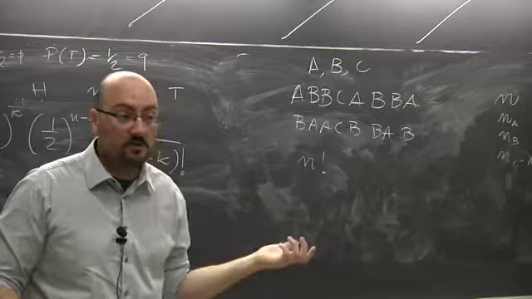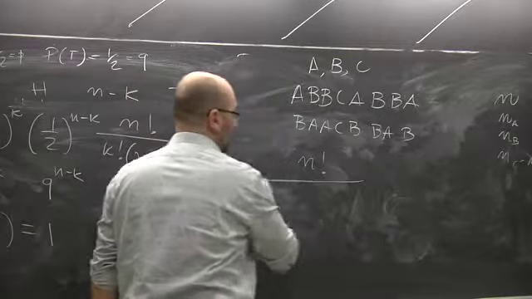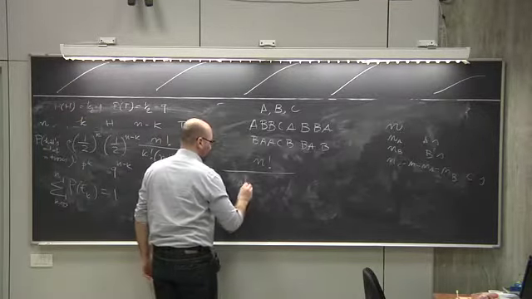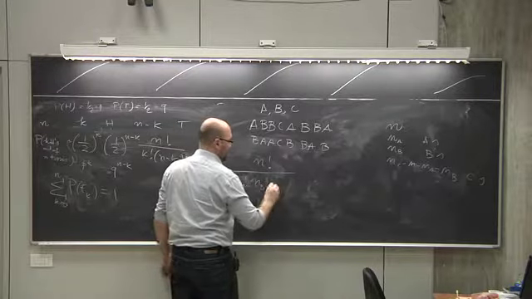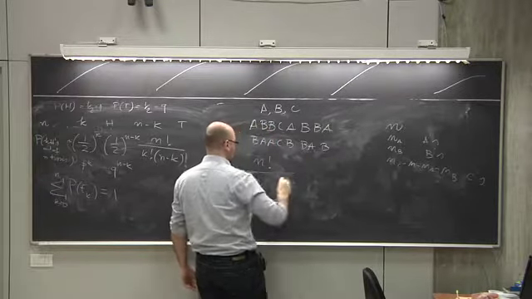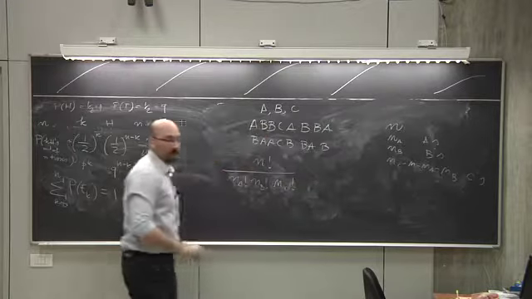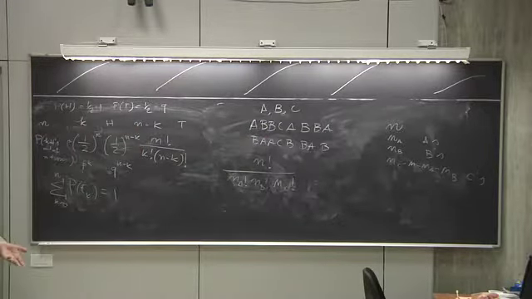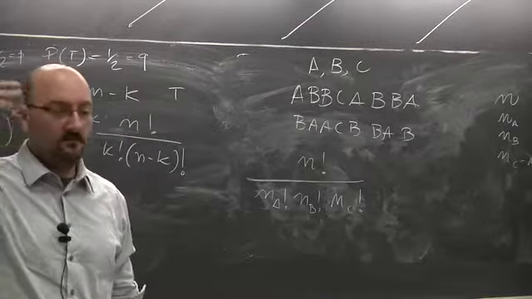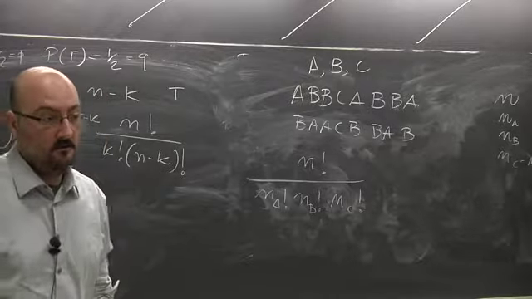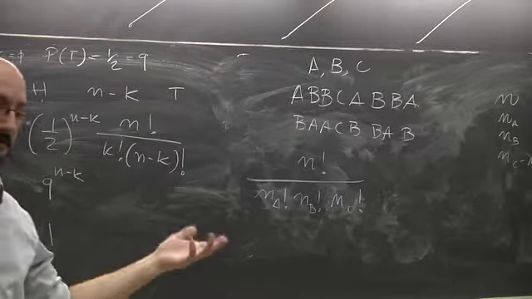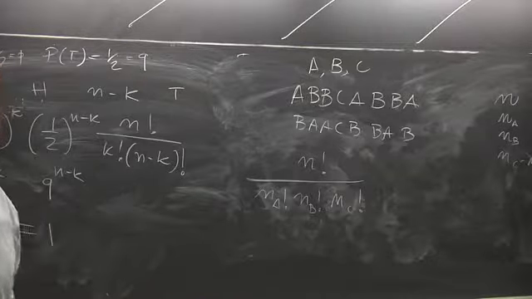So out of this configuration, I have to divide by nA factorial, nB factorial, and nC factorial, where I can write nC as N minus nA minus nB. And so on and so forth. If I have 4 possibilities, then I have to divide N factorial by nA factorial, nB factorial, nC factorial, and nD factorial. This will be useful in statistical mechanics later.